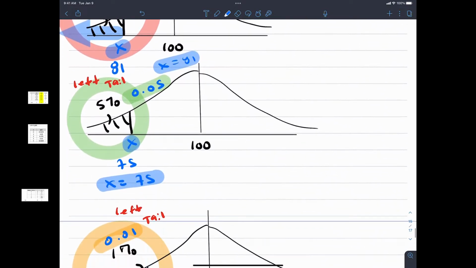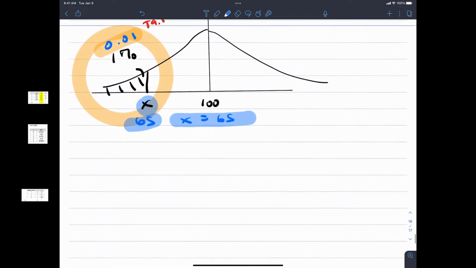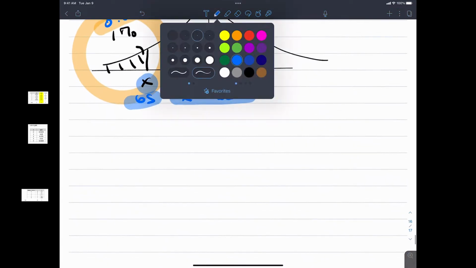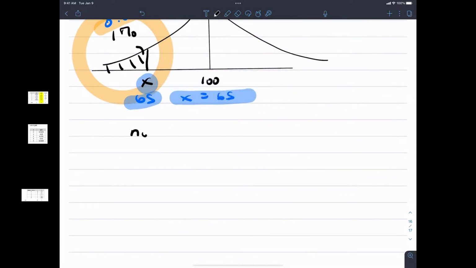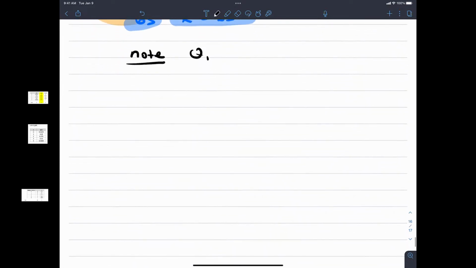Bottom. And remember, this is the question that sometimes people ask. They don't understand. They go, but Mr. Judge, what if they ask me the value that represents the first quartile? This is for IQ scores.